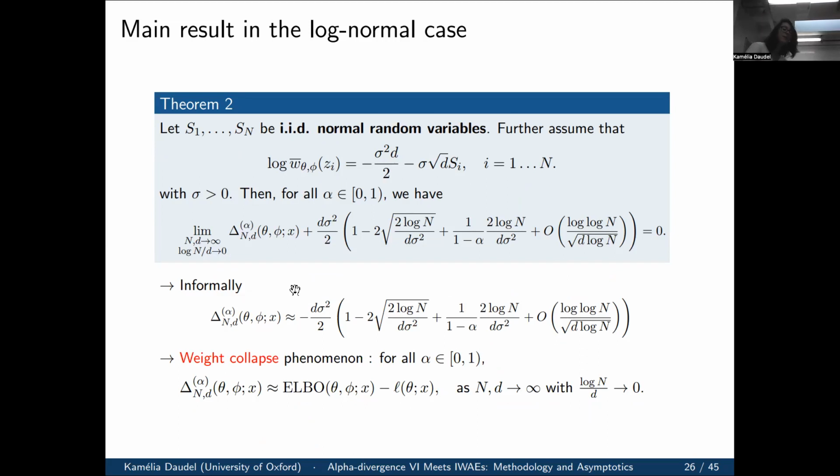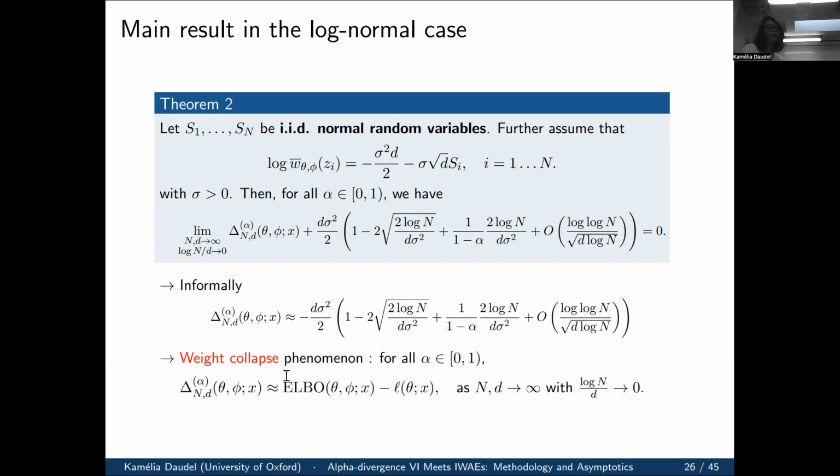Well, from a high-level perspective, we have a weight collapse. So our variational gap, which we were hoping would behave better than the evidence lower bound with n, doesn't do so. The variational gap behaves like the evidence lower bound minus the marginal log likelihood. So the gain you were expecting, you don't have it.